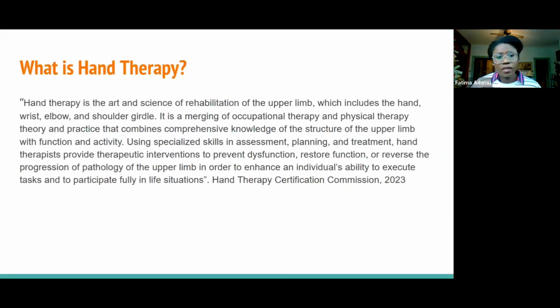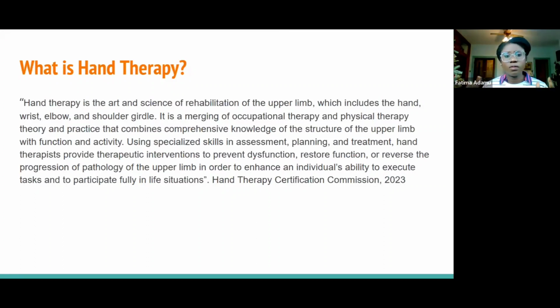What is hand therapy? Hand therapy is the art and science of rehabilitation. Hand therapy includes the upper extremity, right? So from the shoulder to the hand, that's what I specialize in. And it is a combination of occupational therapy and physical therapy. It's very orthopedically based. So in my treatment of patients, I do wound care. I will take out sutures as I work with surgeons. So I will either stabilize patients before surgery, right?